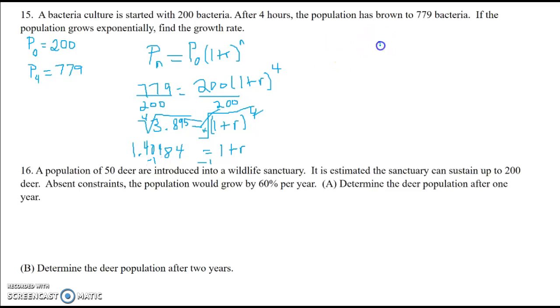And when I do that, I get R is equal to 0.40484. Now, that's R. It's in decimal form, so I need to move the decimal point over 2 places. And really, the rate is I'm going to say 40.5%.